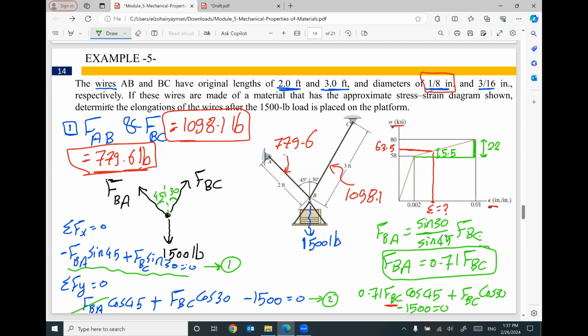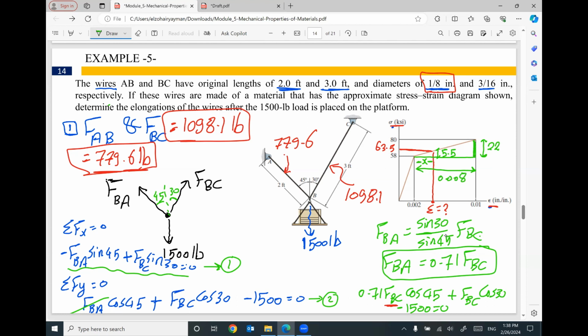If you assume this little distance is x, the whole distance is 0.01 minus 0.002. It will be 0.008.